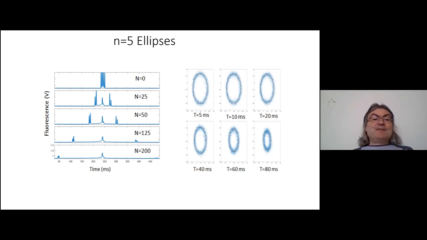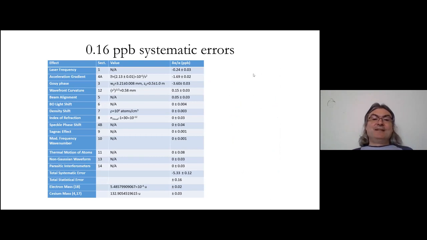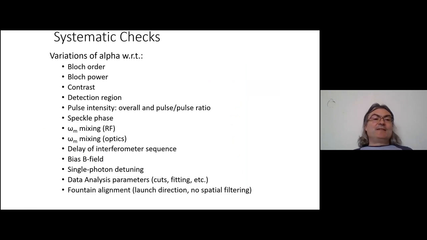Okay, it's very important in precision measurement to not be biased by comparing your data to other people's data. We therefore adopted a blind analysis. And even after we were done with the error budget, I will talk more about the error budget later, so I'll skip this slide for now, even after we're done with nailing down all the terms in the error budget, you still repeat the experiment over and over again and look for variations of alpha with all sorts of variations.